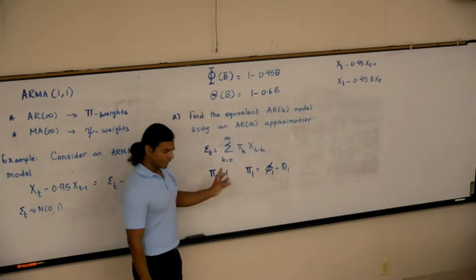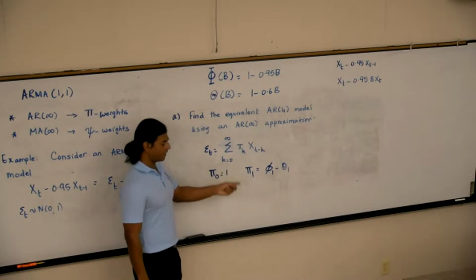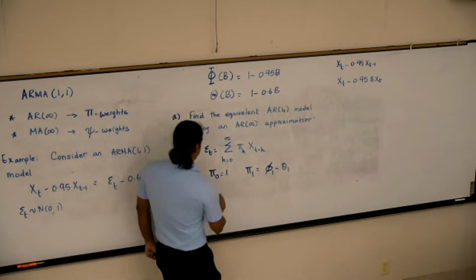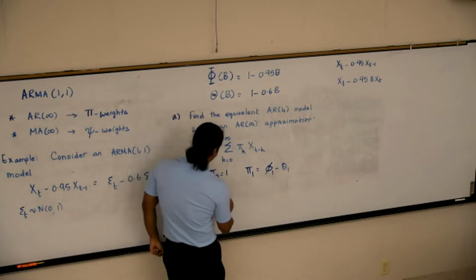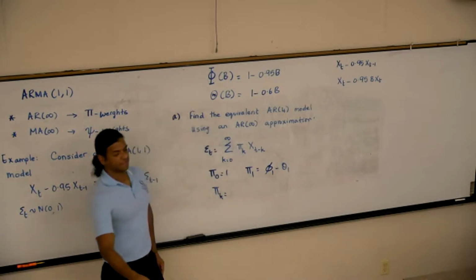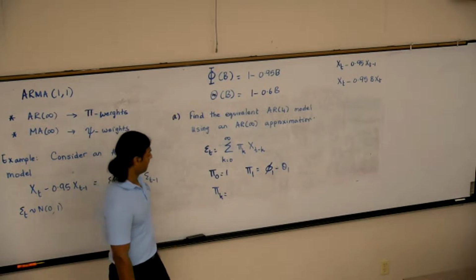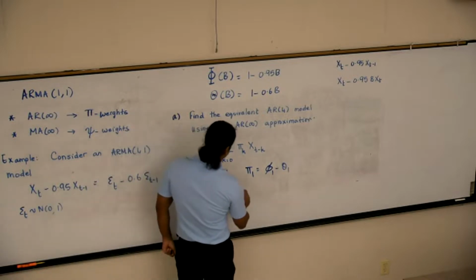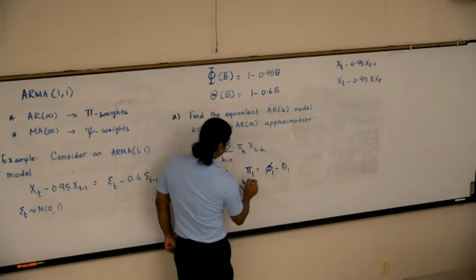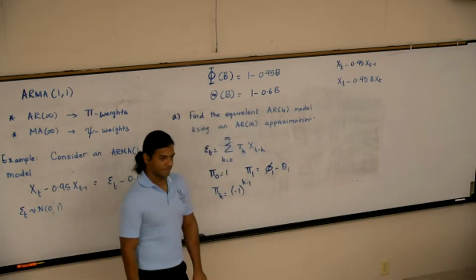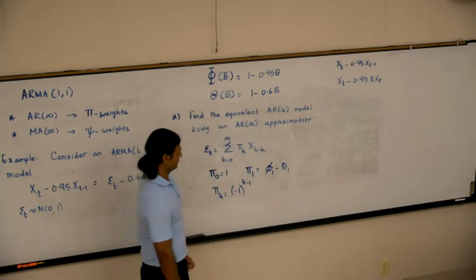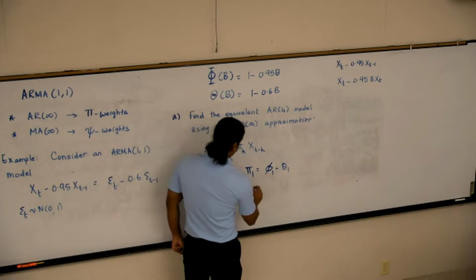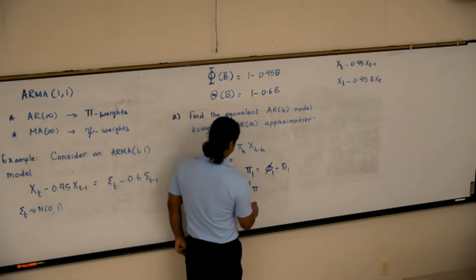Right. Now, I could have generalized it from k equals 1, but I generalized it for k greater than or equal to 2. And that was minus 1 raised k minus 1 multiplied by just pi 1.